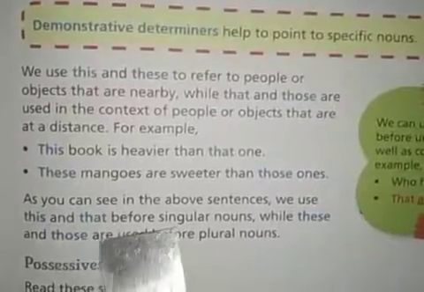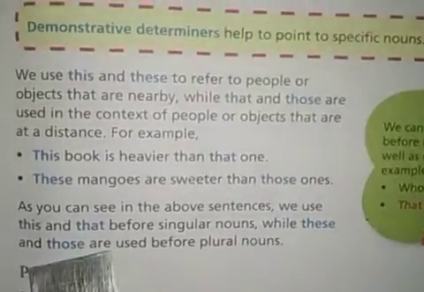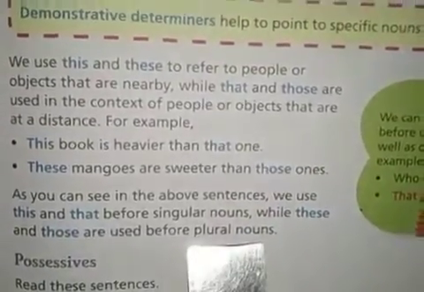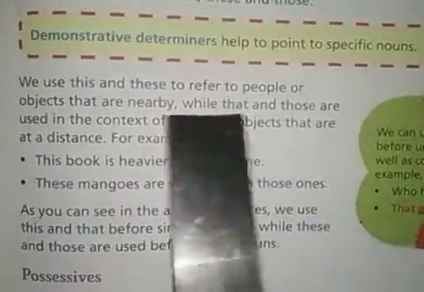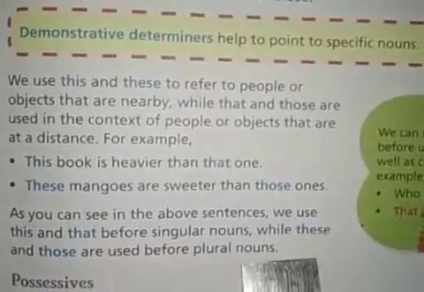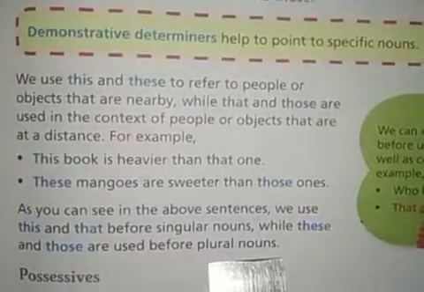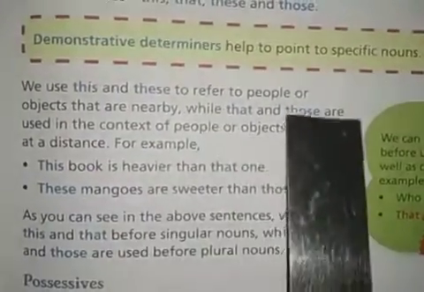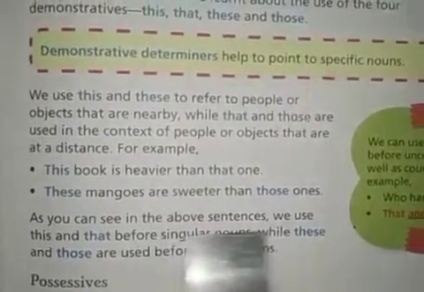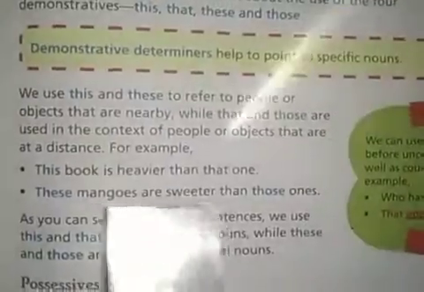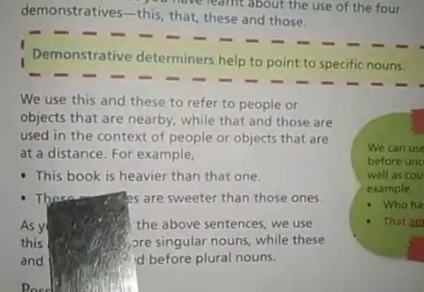Now as you can see in the above sentences, we use this and that before singular nouns. Yes, we know that this and that are used for singular nouns, while these and those are used for plural nouns. When you are talking about an object which is nearby and singular, then you can use this.